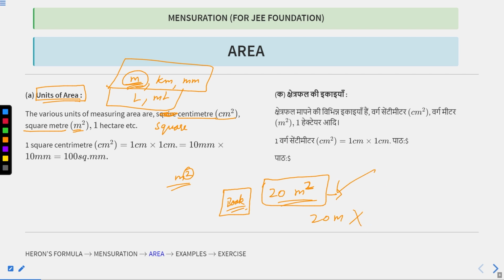This is correct, not that. 20 meter means we are measuring some length. Whenever you write meter square, it means you are talking about area. If you write just meter, you directly assume that we are talking about 20 meter of length, not area. But wherever you use meter square, area suddenly comes to mind, that someone is talking about area. I hope the area unit is clear to you.